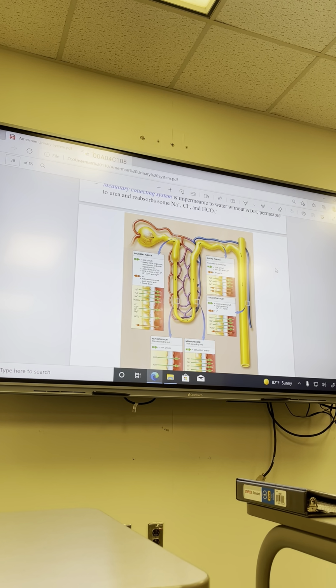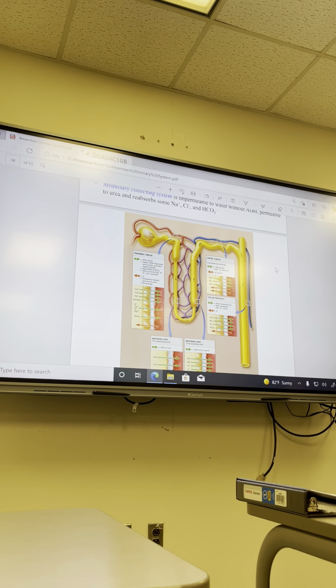Aquaporins, descending limb, permeable to water, impermeable to solutes.